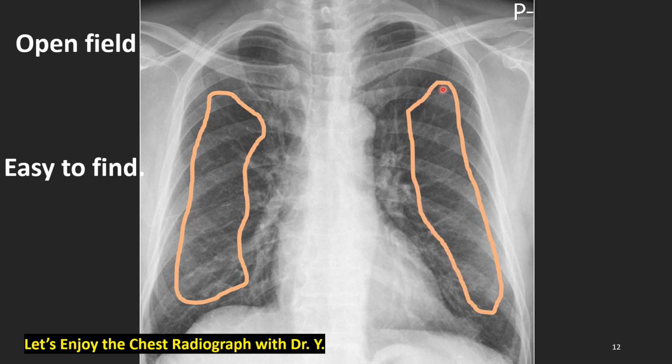They are exposed to German soldiers in the concrete bunker. Who is easy to detect, German soldiers or American soldiers? Yes, American soldiers in the open field. We easily detect lung cancers here in the open field.